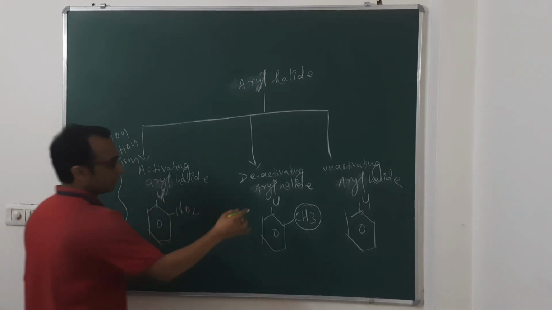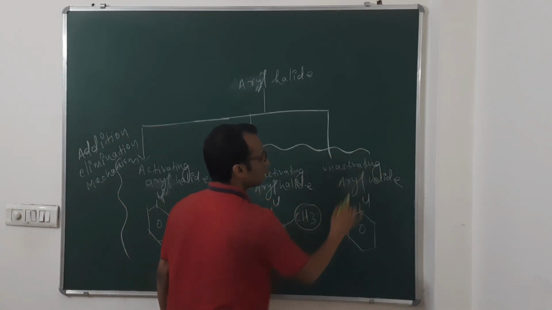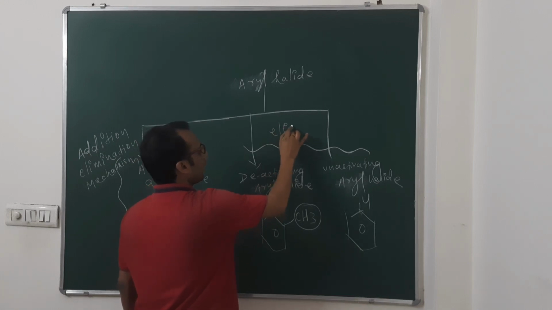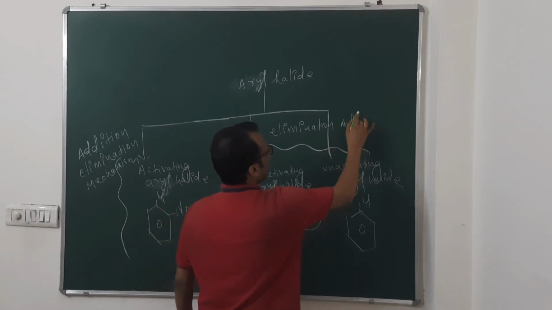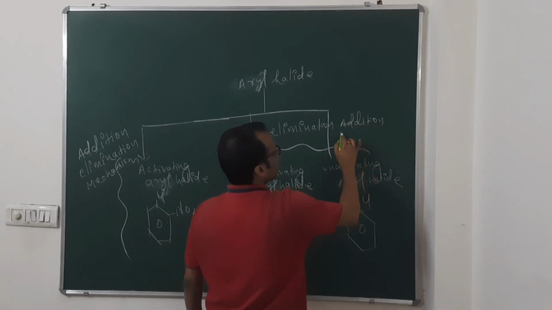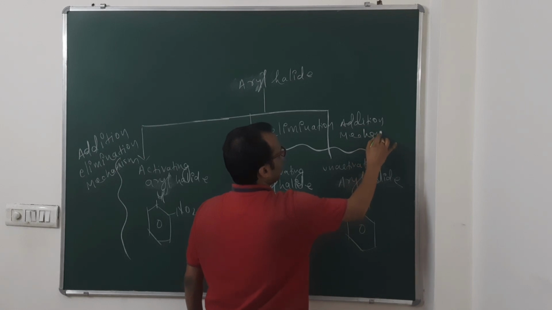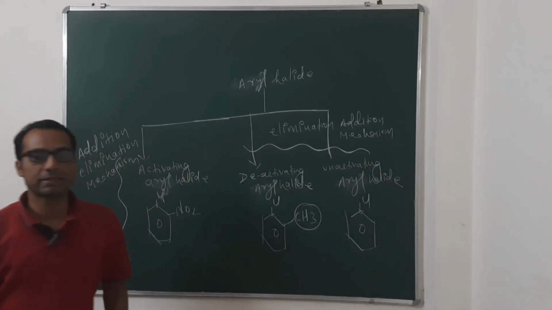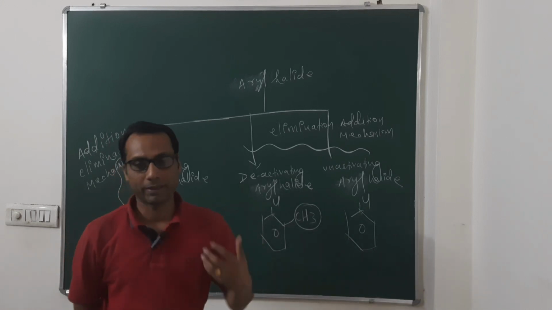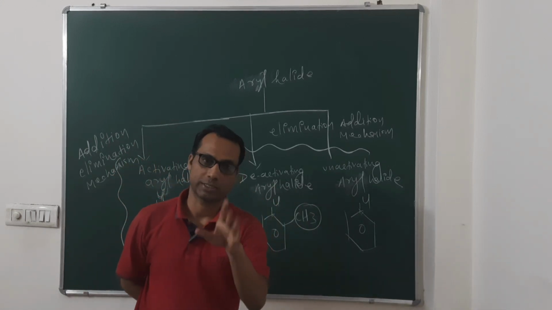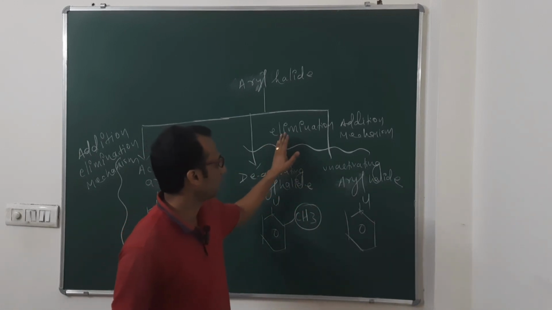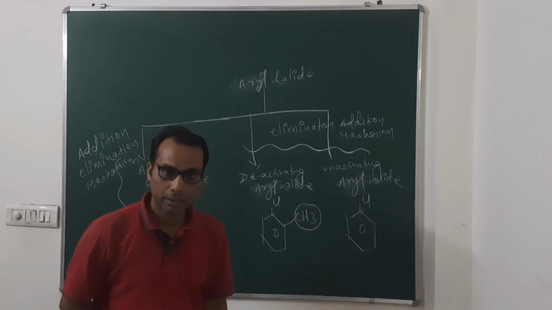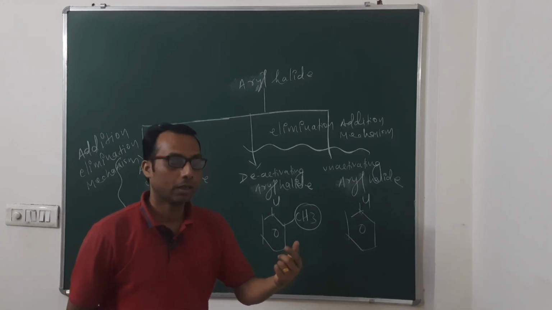In these two parts, we will use the mechanism of elimination addition. So it means if you want to form phenol from chlorobenzene, we will use the Dow process. Correct? So the Dow process, what mechanism does it follow?